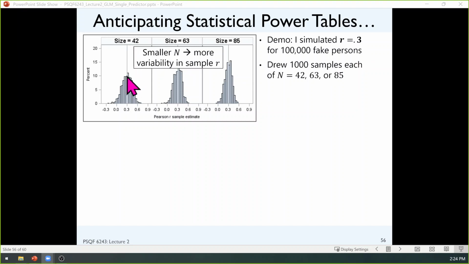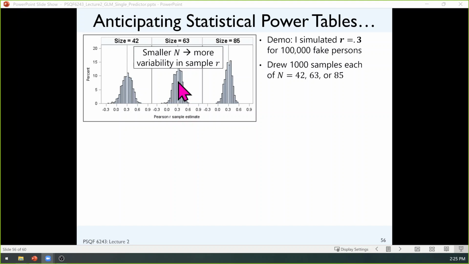If I only have 42 people, on average it gets it right. The lines in here are at a correlation of 0.3. But I'm not going to get a 0.3 every time. The obtained correlation from 42 people ranged from under negative 0.3, so a relationship of the same size in the opposite direction, all the way up past 0.6. So in any one sample, what I get back is not going to be right. The question is, how variable is it?